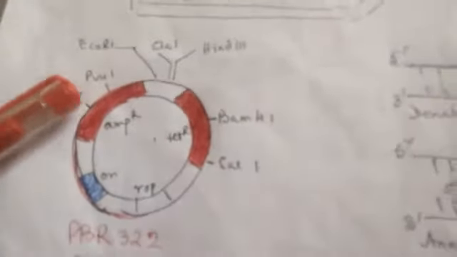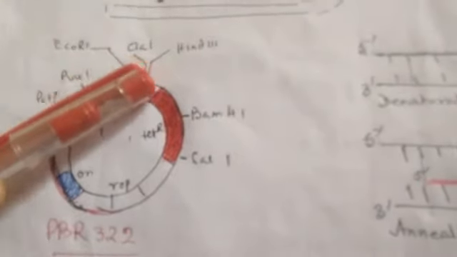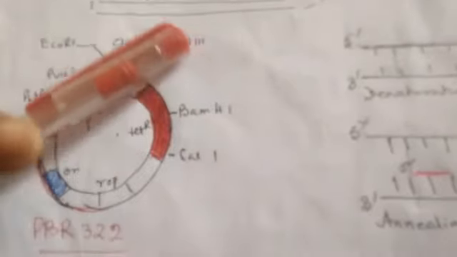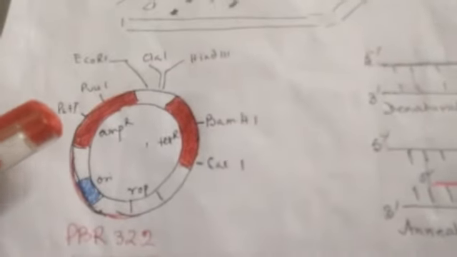So these, where we are pointing, are actually the recognition sites of this particular group of restriction endonucleases. So here you can see it is.